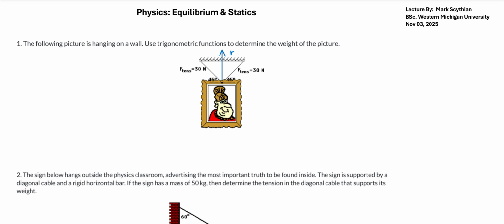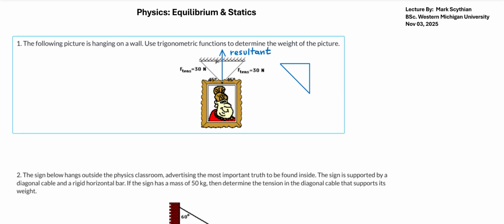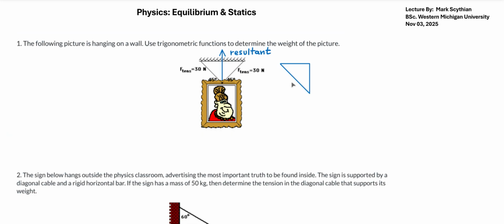So based on what we have in the problem, we know the individual force tension for each diagonal wire is 30 newtons of force. So this then creates the following right triangle with respect to the left side here. This is replicating the triangle on the left. We'll choose this triangle.